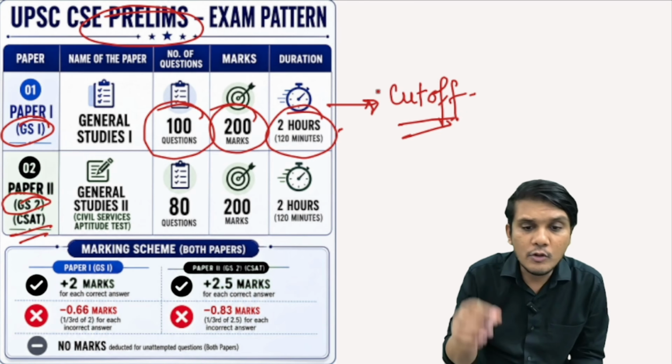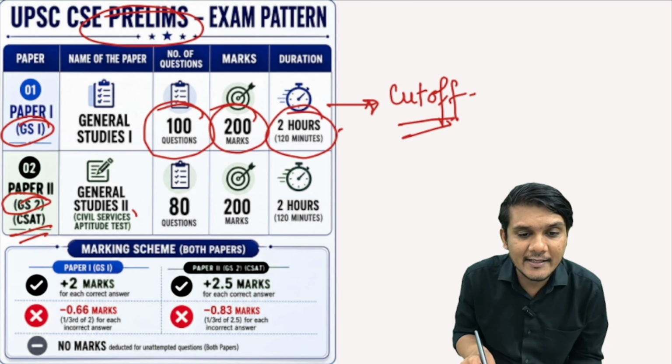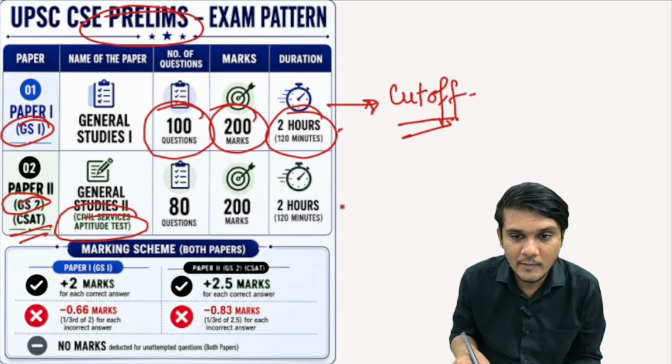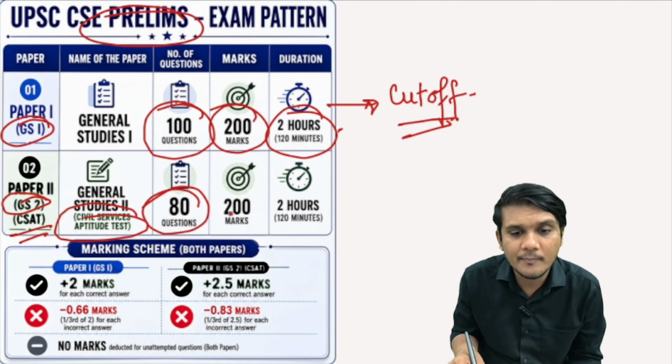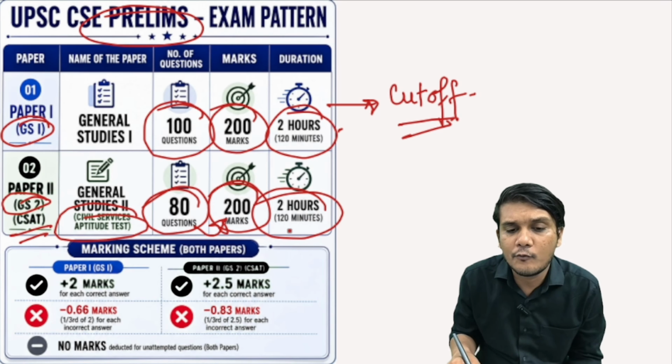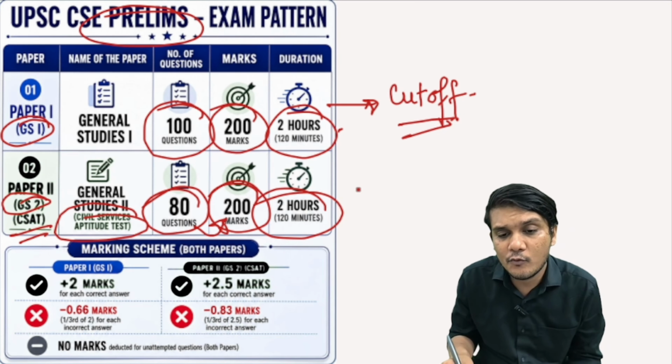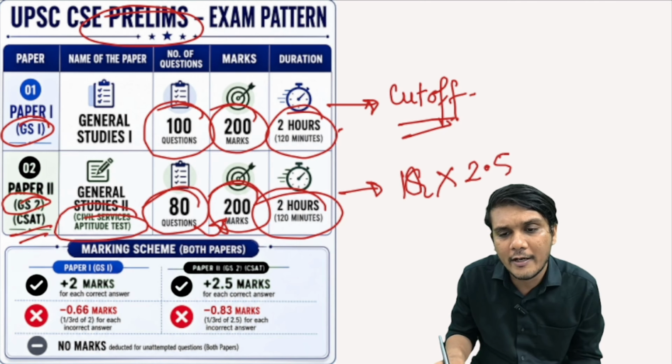Now let's come to GS paper 2, that is CSAT, the Civil Services Aptitude Test. In CSAT, there are only 80 questions. These 80 questions give you a total of 200 marks. This is also of 2 hours. How will 80 questions give you a total of 200 marks? Each question here will be of 2.5 marks.